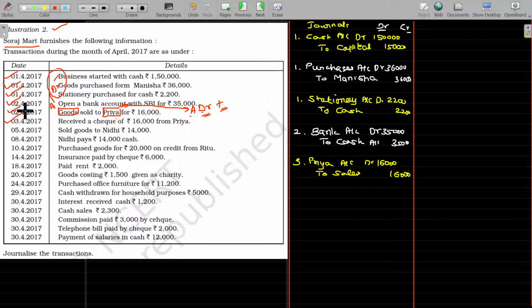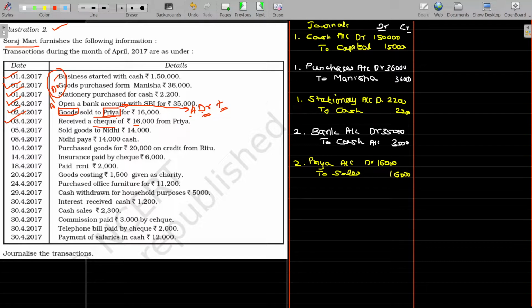Then third, on the other day. Okay, this is also the same date, 2nd. Now the 3rd. 3rd April, received a check of rupees 16,000 from Priya. Okay.